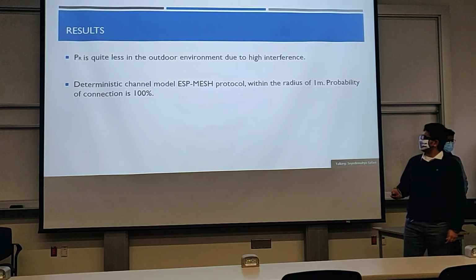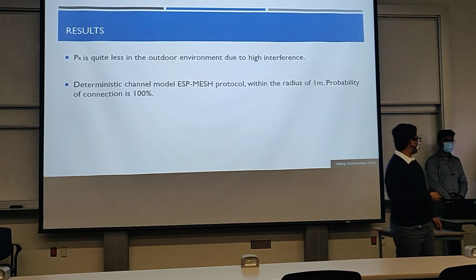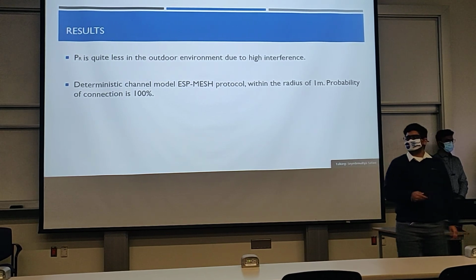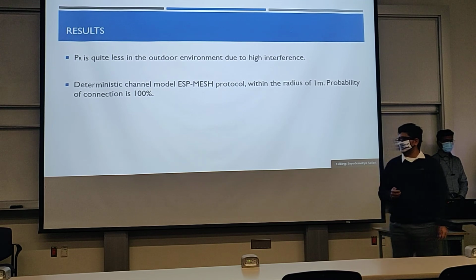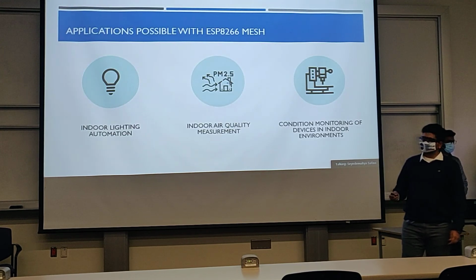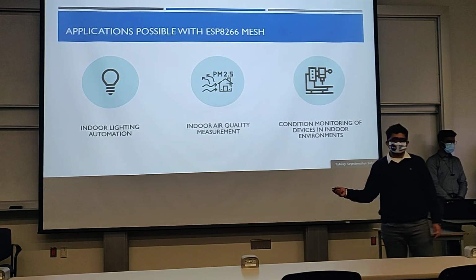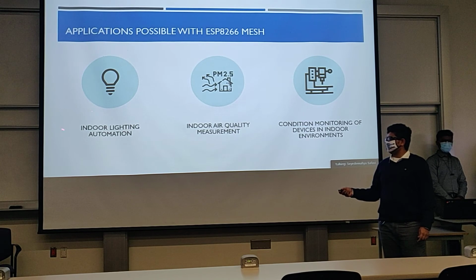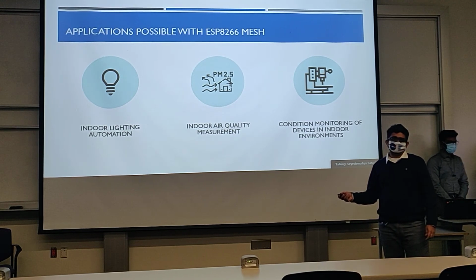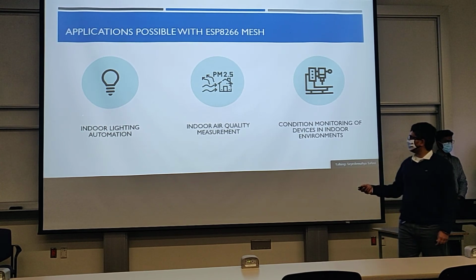So initially our assumption was that we could use it for forest fires or some other outdoor application, but due to the testing that we did, we came to the conclusion that it can mostly be used for indoor applications. Indoor lighting automation is a non-mission critical application, where it is okay to lose some packets, because the next packet will reach and the light will turn on or off.